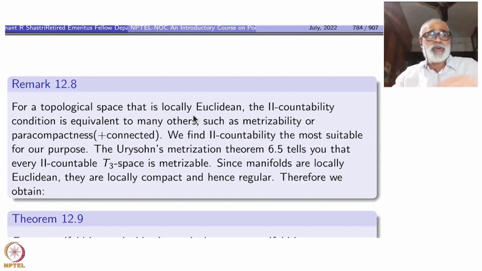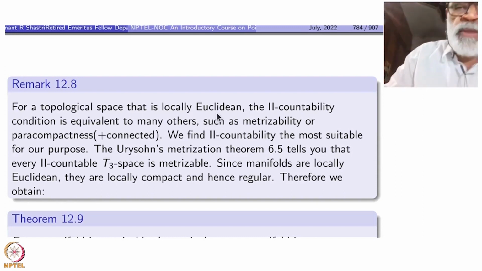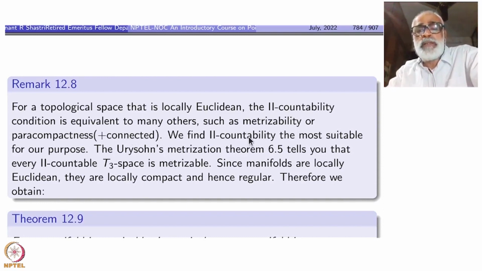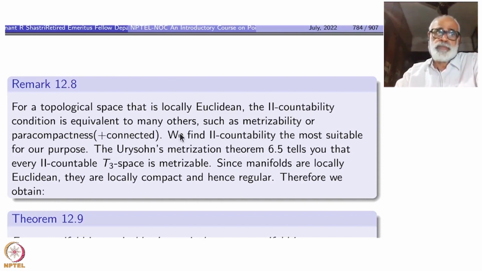So a lot of things. In any case, locally Euclidean means a lot of things. The second countability condition is equivalent to many others such as metrizability, and paracompactness plus connectedness. All these things are equivalent. So we find second countability is the most suitable for our purpose.